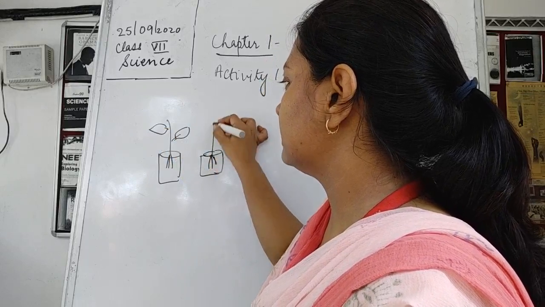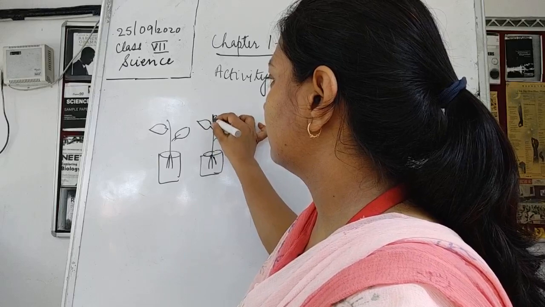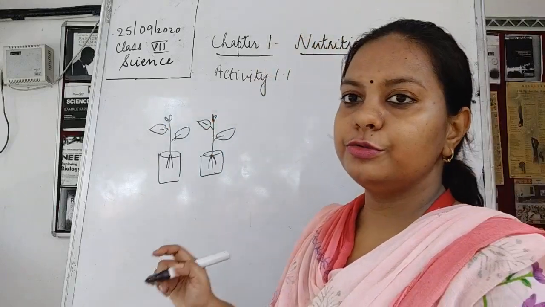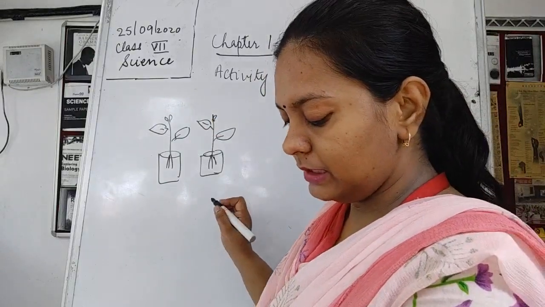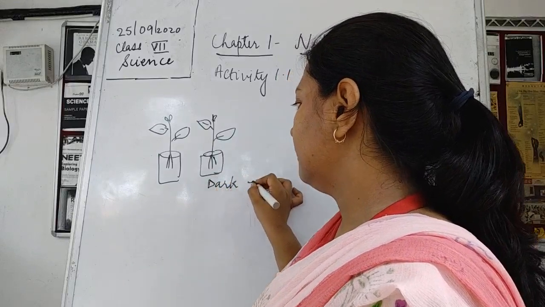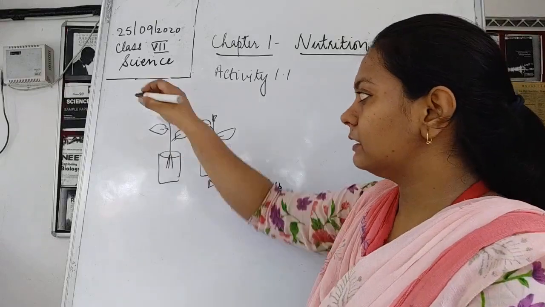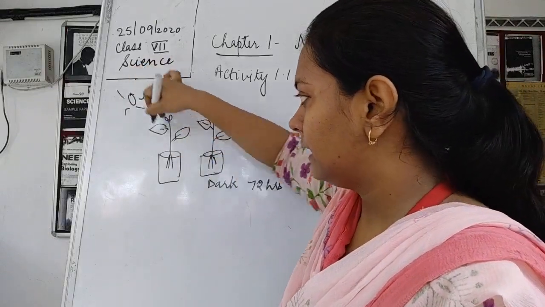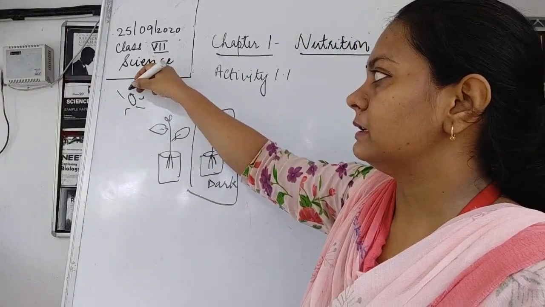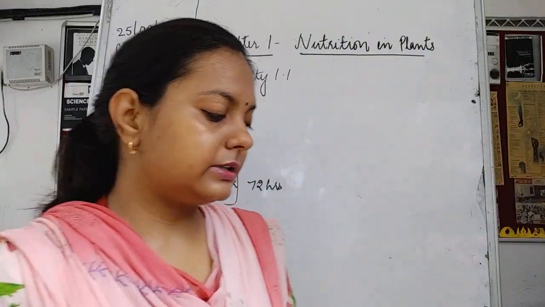You will keep one plant in the dark for 72 hours, covered, and the other has to be kept in sunlight. Now what happens once one is in the sunlight and the other one is in the dark?